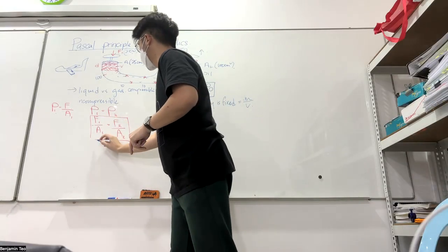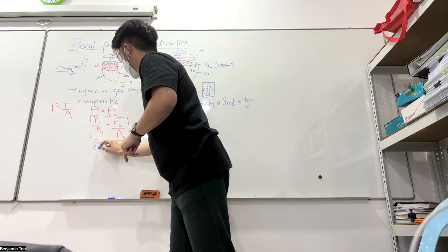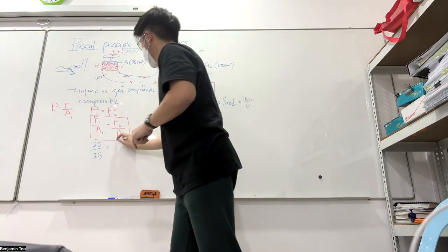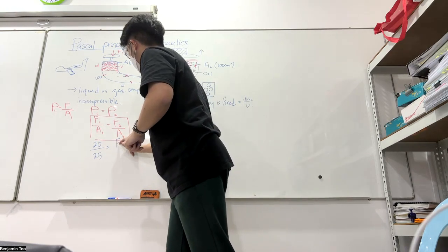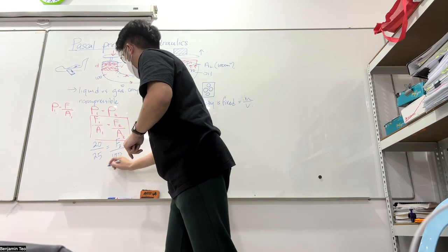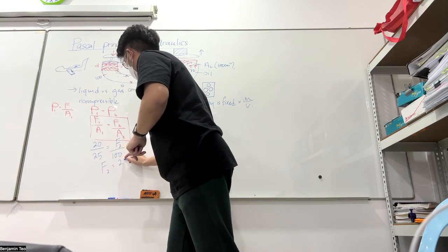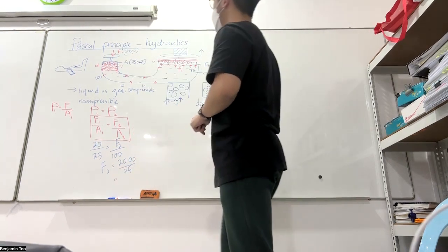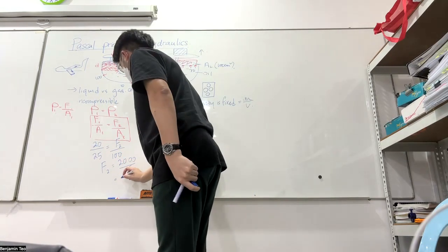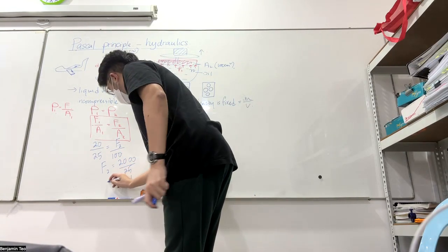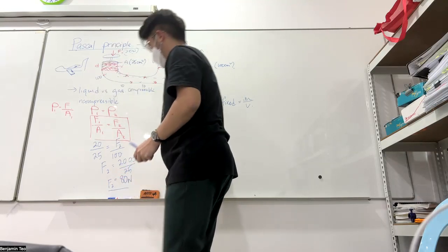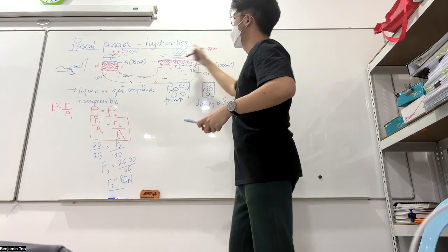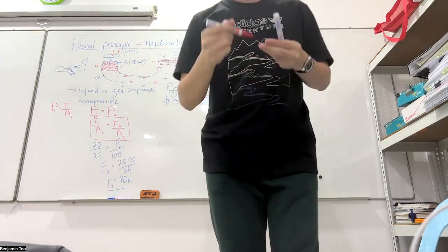So from here, 20 over A1, which is 25, equals F2 over 100. So F2 is 100 times 20, divided by 25. Okay, so we get this one: 80 Newton. You get 80 Newton by applying 20 Newton.